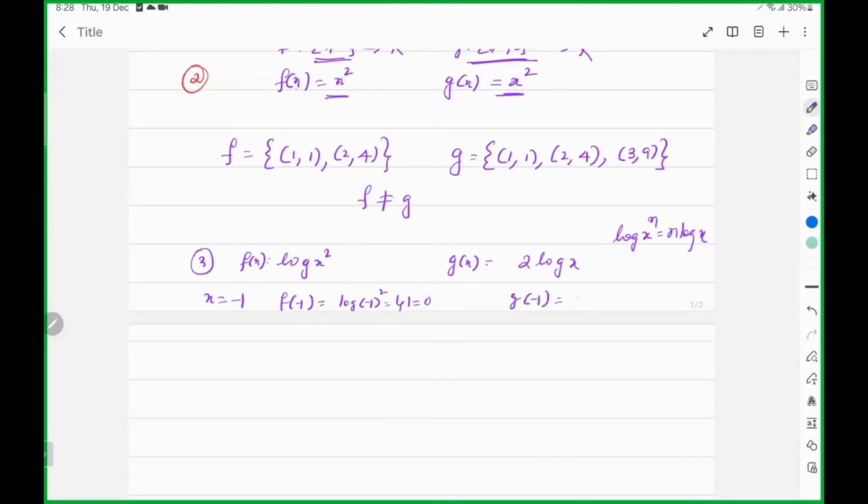But g of minus 1 is not defined, since log is not defined for negative numbers. So f is not equal to g, since their domains are not equal.